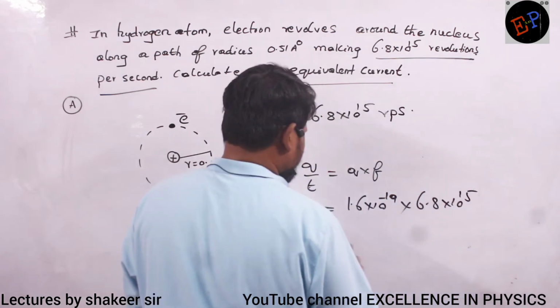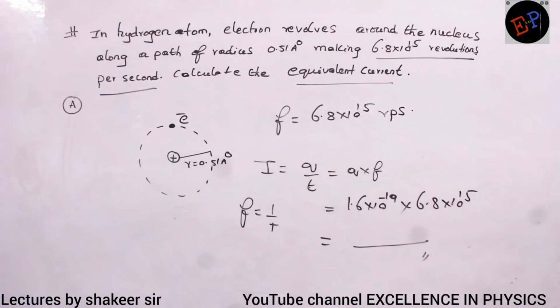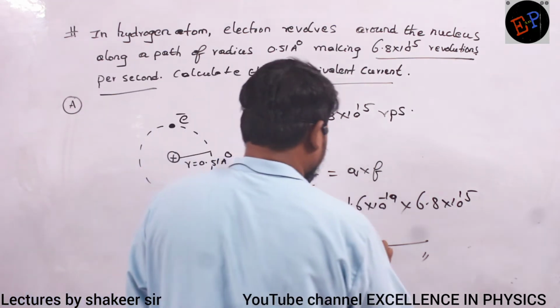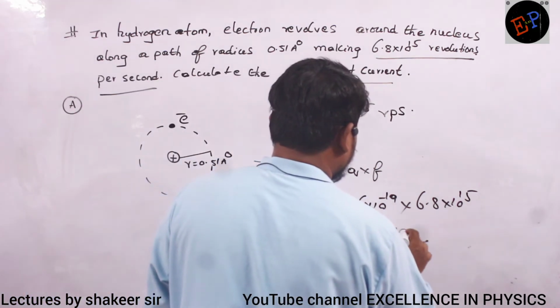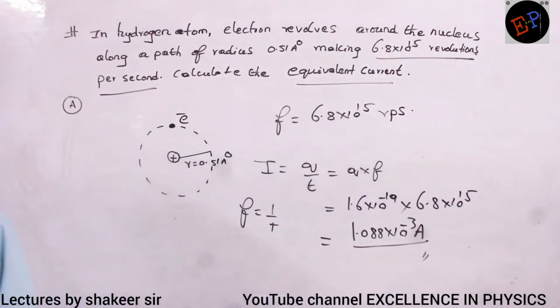So do this calculation. That is the amount of current produced in the hydrogen atom. And the answer is 1.088 into 10 power minus 3. This is the amount of current produced in the first orbit of hydrogen. That's it.